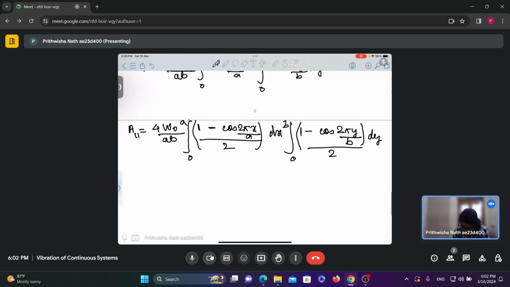Now this 2 gets cancelled with 4, so we have a11 w naught by ab.